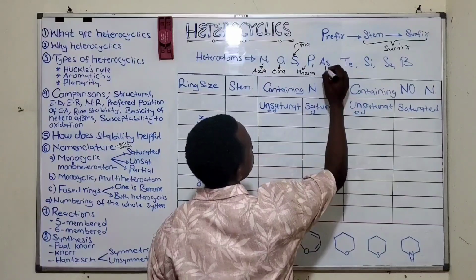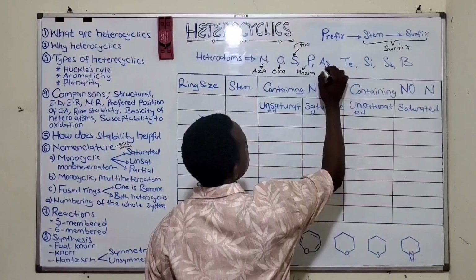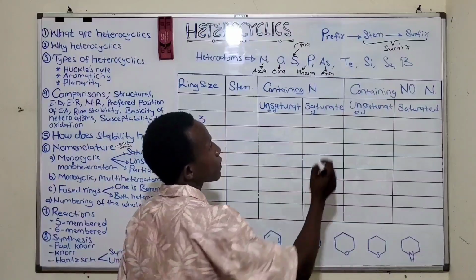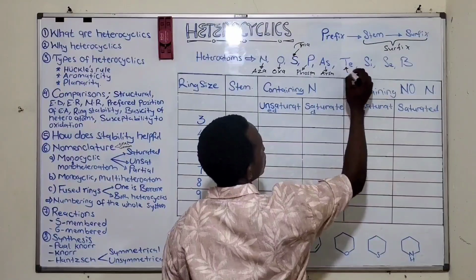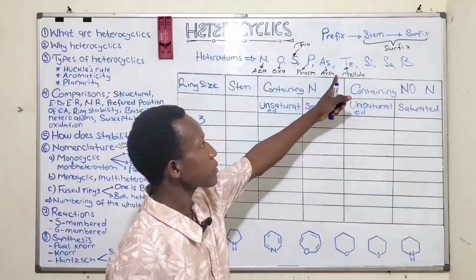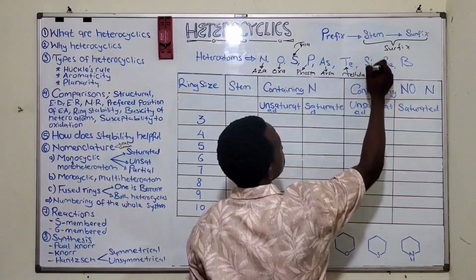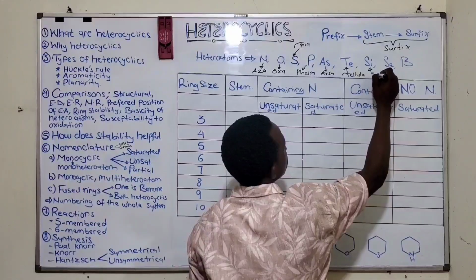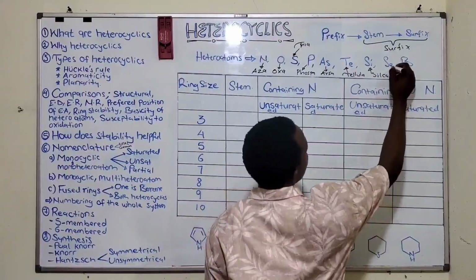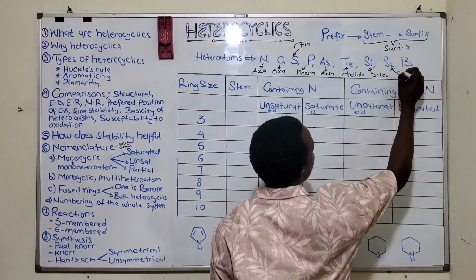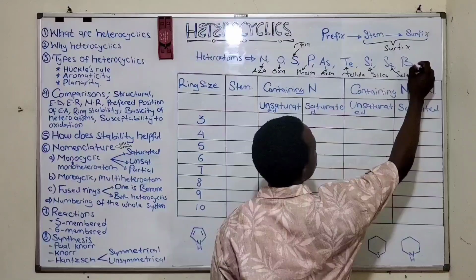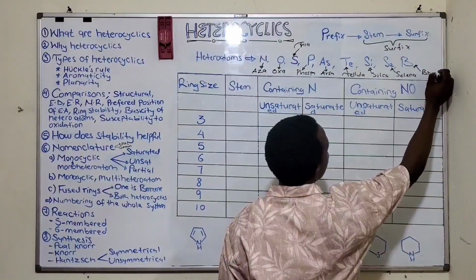Then arsenic, it is arsa. Then we have tellurium as tellura. Then silicon will be sila. Then selenium will be selena. Then boron will be bora, and so on.